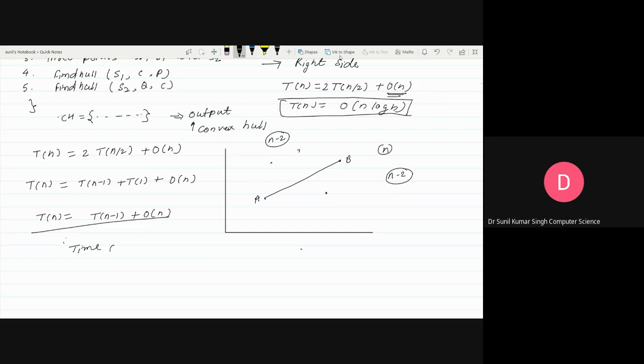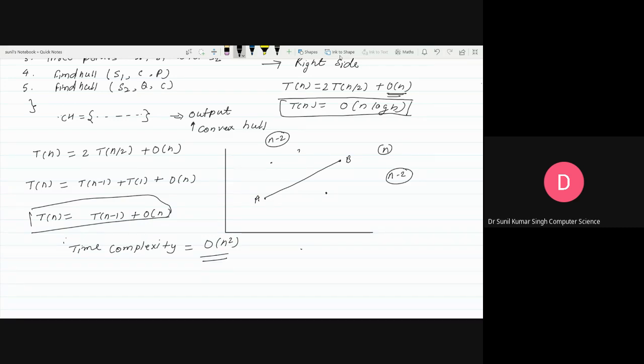Anyone? Yes, anybody? What will be the time complexity for this recurrence relation? Order of n square. Why order of n square?